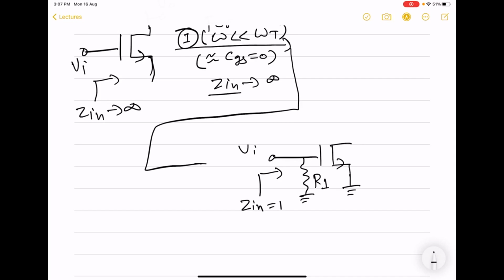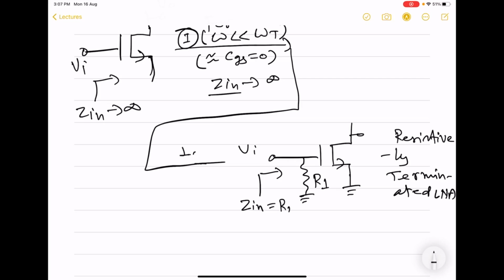In fact, we will see that this will turn out to be equal to R1. And this is the resistively terminated LNA. So this is one of the ways in which one can achieve real input impedance.